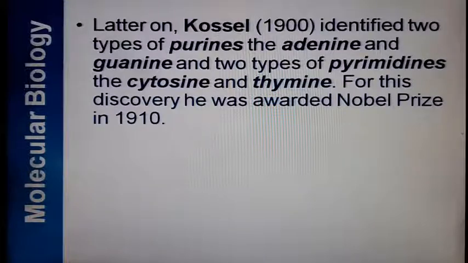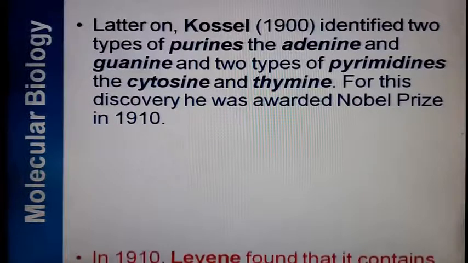Kossel, in 1900, extended the work and found two types of purines, adenine and guanine, and two types of pyrimidine, cytosine and thymine. For this discovery, he was awarded the Nobel Prize in 1910.